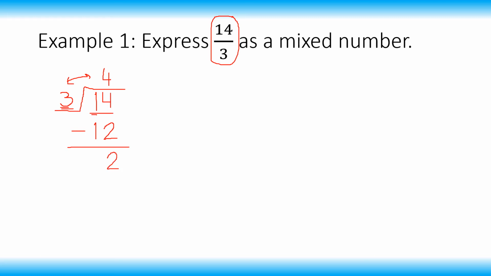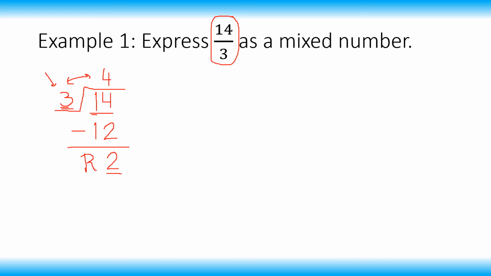Now since 2 is smaller than our divisor, our 3 up here, that tells us that this 2 is our remainder. So we can draw in a little r as a reminder that it's your remainder. Now we just need to collect the pieces and build our mixed number.